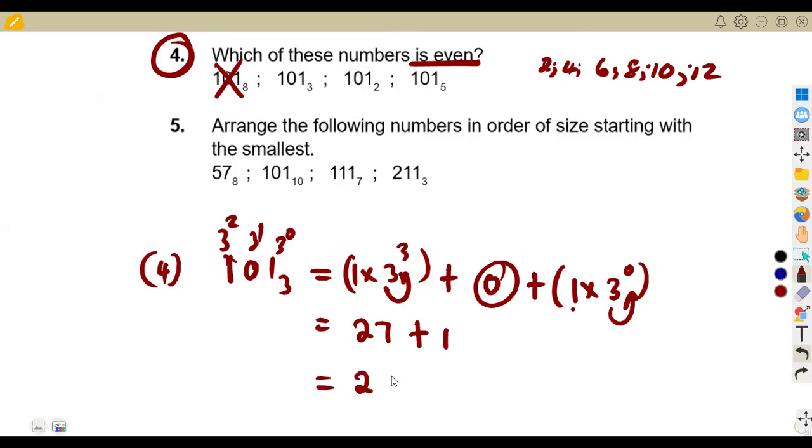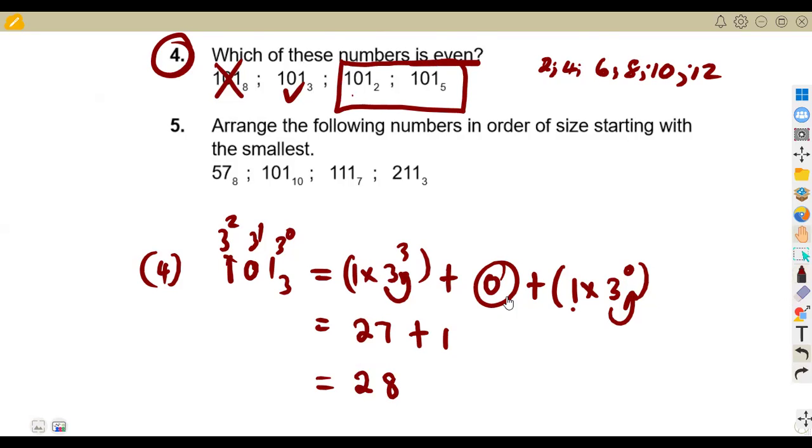We add 27 plus 1, that is 28. Is 28 an even number? Yes, 28 is an even number. So that is how you test them. I want you to test the two that are remaining to see which of these are even numbers.